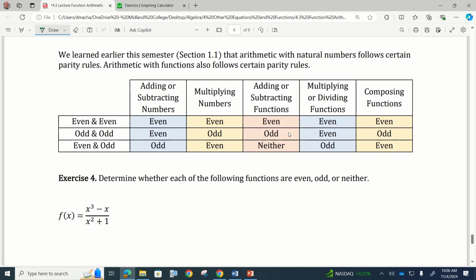So there's a shortcut, and the shortcut takes a little while to explain. Remember on the first day of class, we talked about the natural numbers. All the natural numbers are either even numbers or odd numbers. If I add together any two even numbers, the sum is an even number. If I add together any two odd numbers, the sum is an even number.